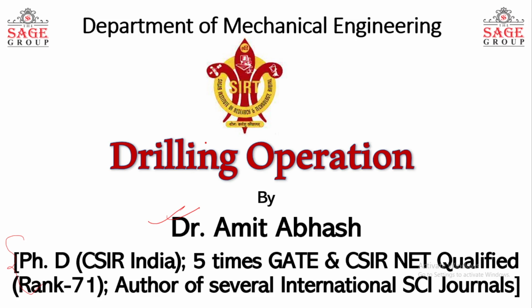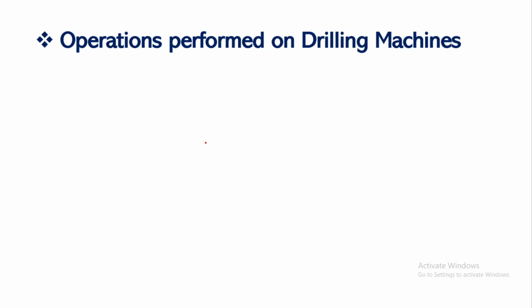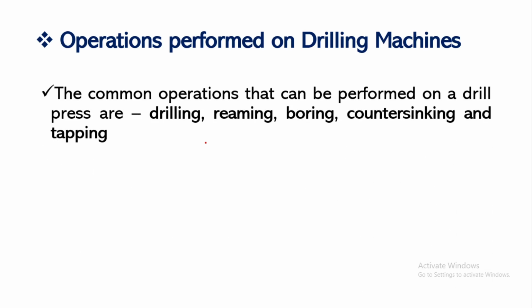So let's see one by one what operations can be performed using drilling. The common operations that can be performed on the drilling press are drilling, reaming, boring, countersinking, and tapping.